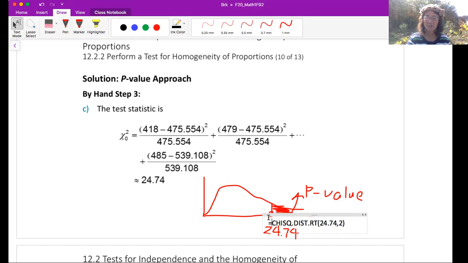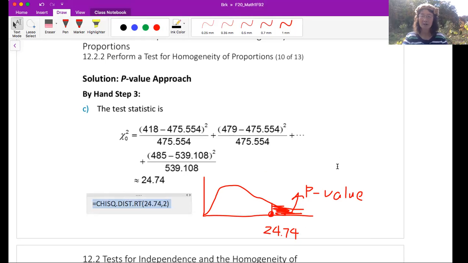Just try to move this text box here. So that is the p-value. The result of the p-value you see is 4.244E-06. I will also copy this one, Control C, and then Control V.